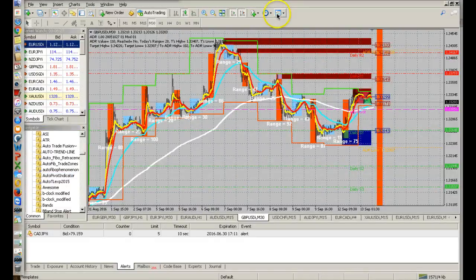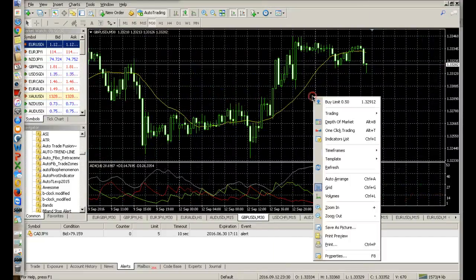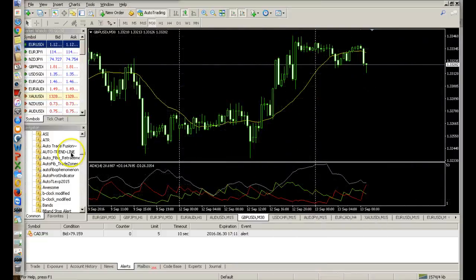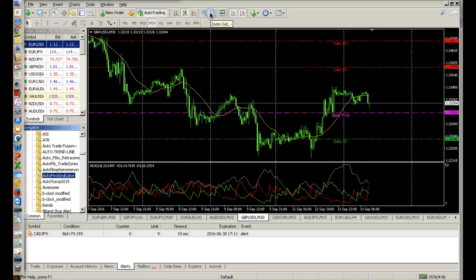This is GU. Let's see what's going on with GU. Let's get the auto pivot. GU is moving right here. It's in the middle.